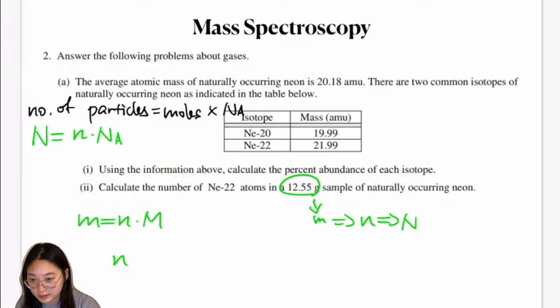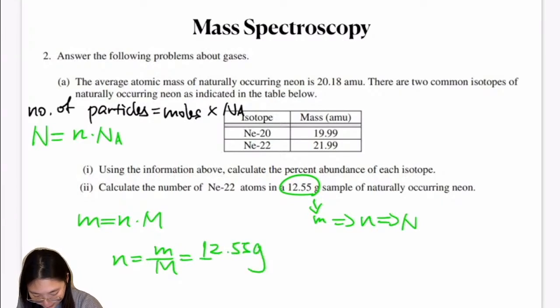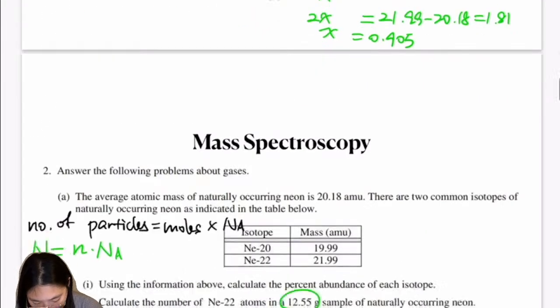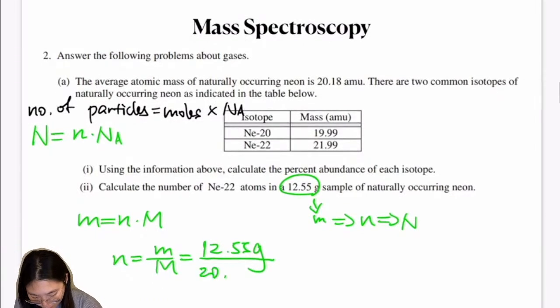So n is equal to mass divided by molar mass. That is equal to 12.55 grams divided by the molar mass of neon, which is given, 20.18 grams per mole.